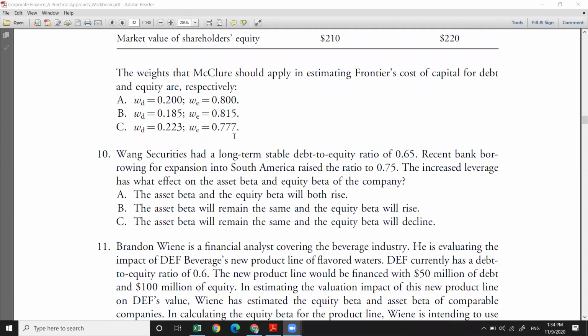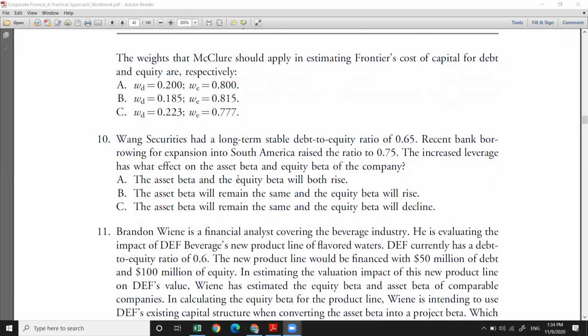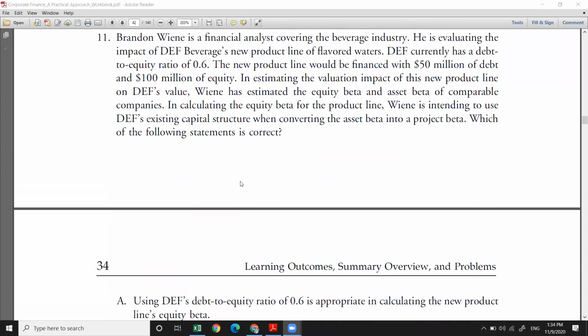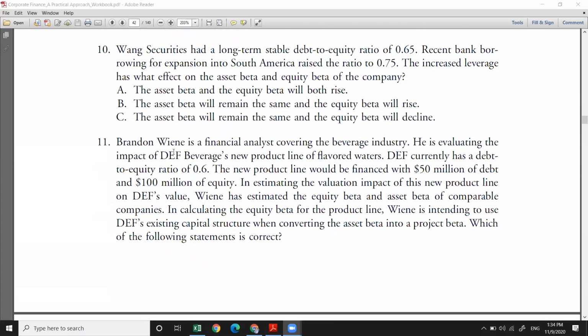Okay. Questions 10 and 11 are theoretical ones. Let me go quickly. The WACC security had a long-term stable debt equity ratio of 0.65, and a recent bank borrowing for expansion into South America raised the ratio to 0.75.